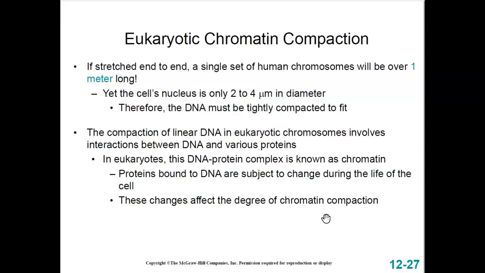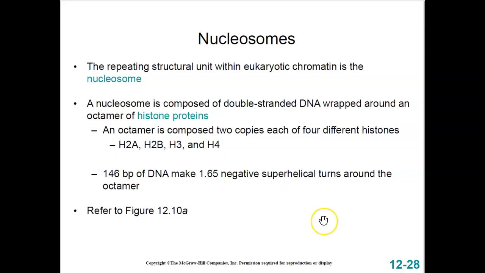So compaction of long linear eukaryotic chromosomes involves play between DNA and proteins that we call histones, okay? So DNA protein complexes, chromatin, include histone proteins plus DNA, and changes in their organization result in chromatin compaction.